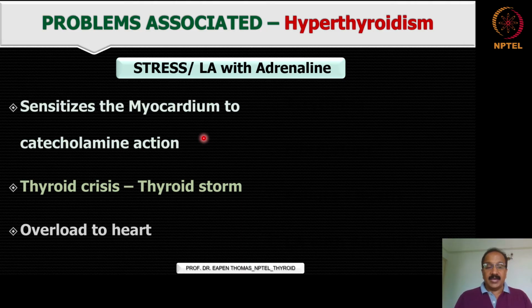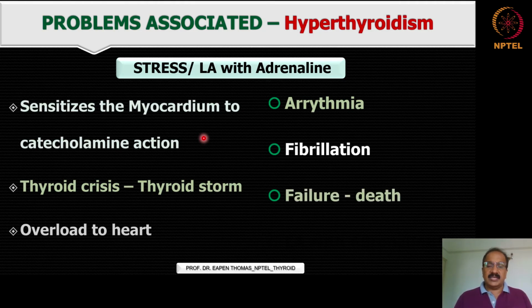On top of that, whenever stress induces more load, the heart undergoes a lot of excess stress, and then it leads to arrhythmias, where the rate goes beyond normal, and after a long period of continuous stress, it goes into fibrillation, and finally the patient goes into cardiac failure, and death is the end result. Okay, remember, whenever using LA with adrenaline, this adrenaline can create trouble.